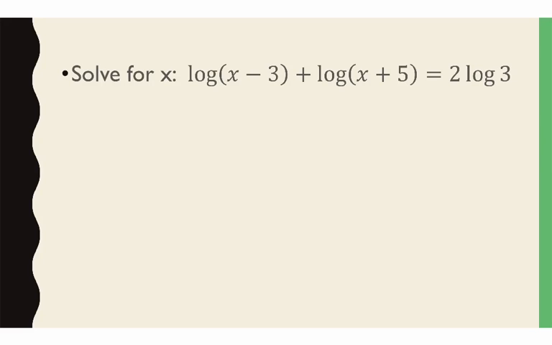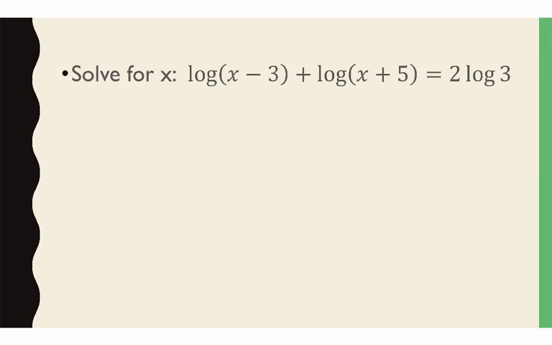Okay, so now things get a little hairier. We have lots of logs. We have logs all over. And this is why we needed to learn those properties of how to move logs around before we could do any solving. So what I'm going to do is look at the left side and say, well, I could combine those logs together. And I look at the right side and say, yeah, I could do a little work there too.